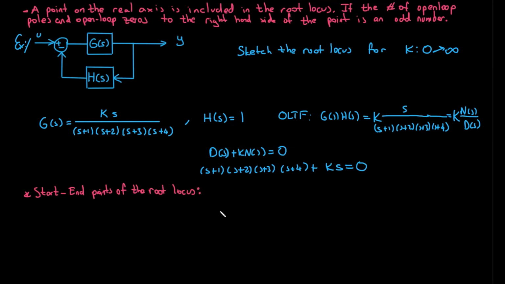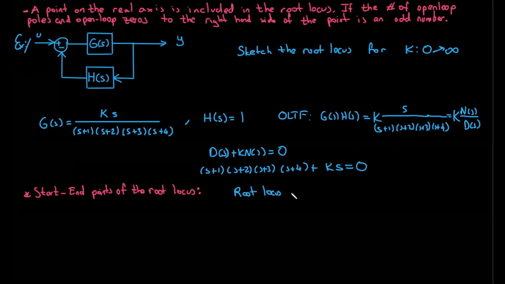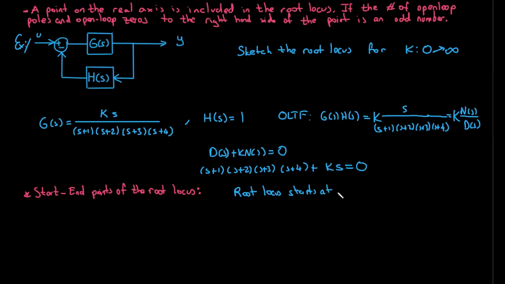The first rule claims that the root locus starts at open loop poles, and by starts at, I mean when K is equal to 0.